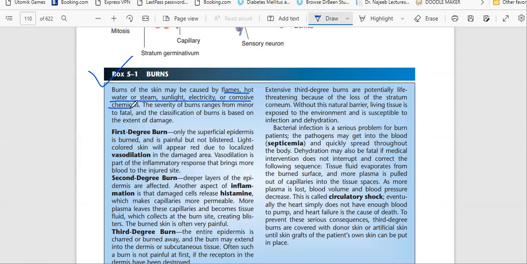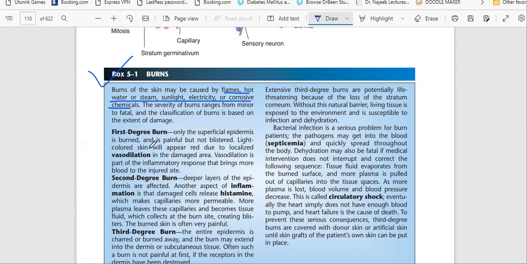So, how does our skin burn? It can burn with the help of flames. Hot water: suddenly you are carrying hot water in a bucket, you slip, the bucket falls onto your leg, and the hot water burns the skin of the leg.